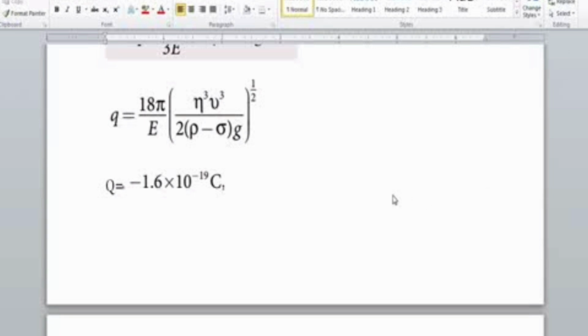That means if only one charge sticks to that oil drop, you will get this value. Suppose 4 charges stick to that oil drop, you will get that value multiplied by 4. So it is an integral multiple of that value. So however many charges there are, it shows the charge as that value multiplied accordingly. So this is its function.